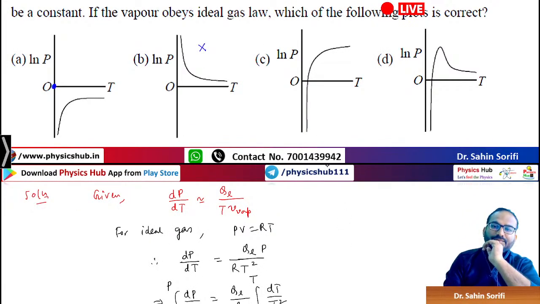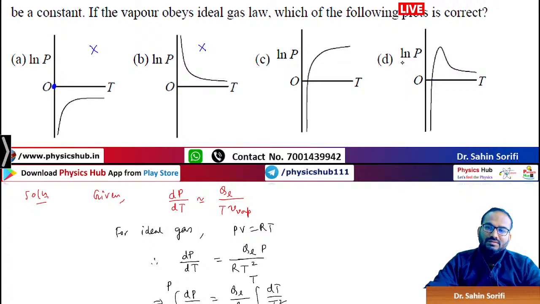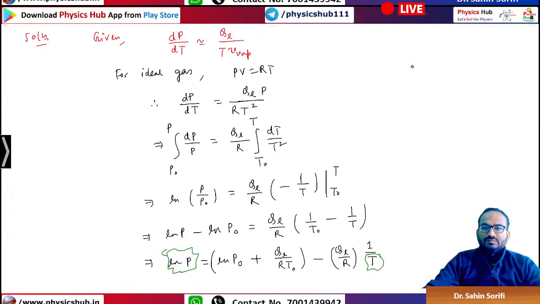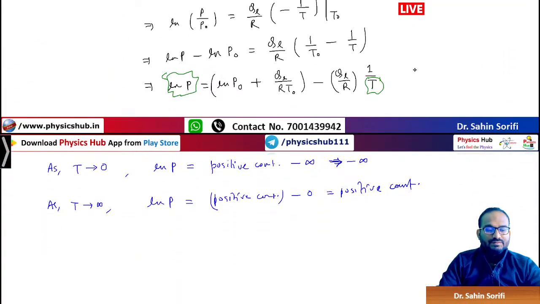So option C is matching. Option A is discarded again because it is giving a negative value. Option D is also a potential candidate because it is also giving a positive value at T equals infinity. So we now have to remove one of these two options.